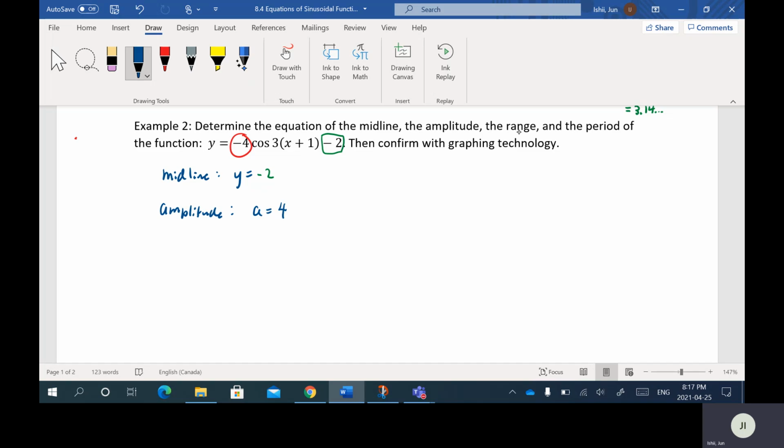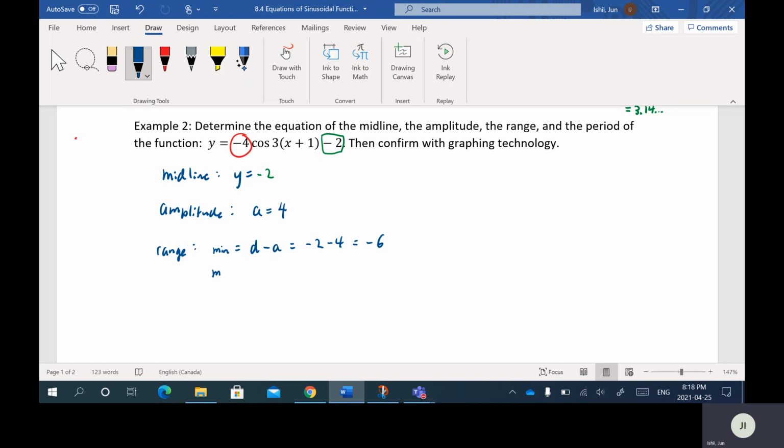All right, so therefore we have the midline and the amplitude, so we can find the range now. Our minimum value is the midline minus the amplitude. In this case, the midline was -2 and my amplitude is 4, so the minimum value here is going to be -6.